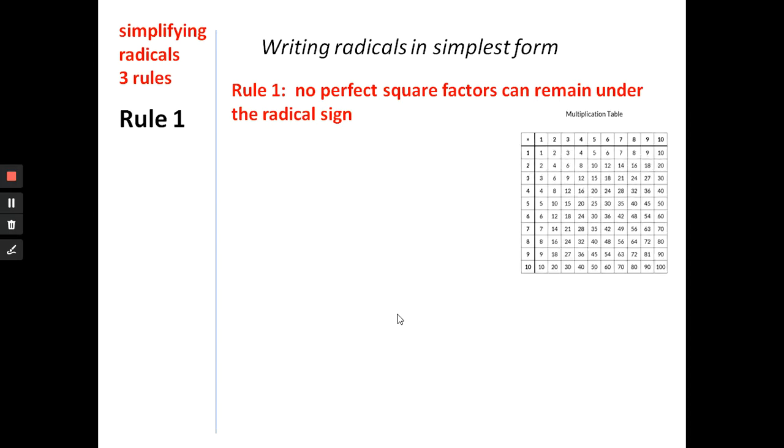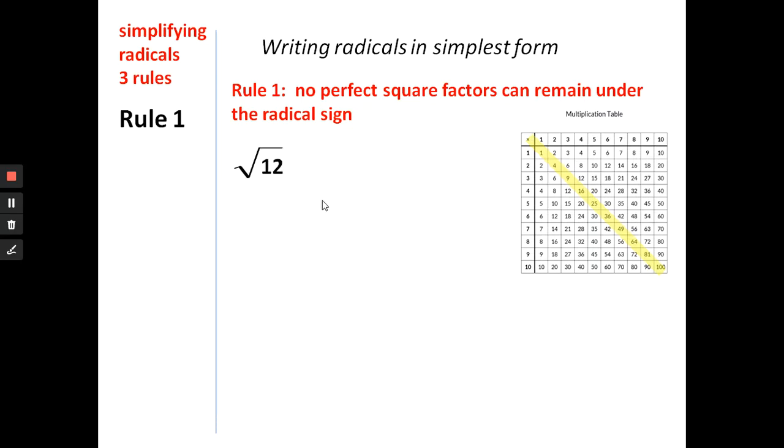When you're finding factors, you can't have any factors under a radical that are perfect squares if you're going to simplify it. So you might want to know what perfect squares are. Perfect squares are numbers that are products of a number times itself. 16 is 4 squared, 25 is 5 squared, 36 is 6 squared, and so on. That's why we call those products perfect squares.